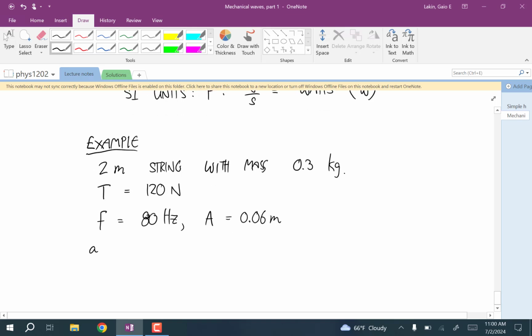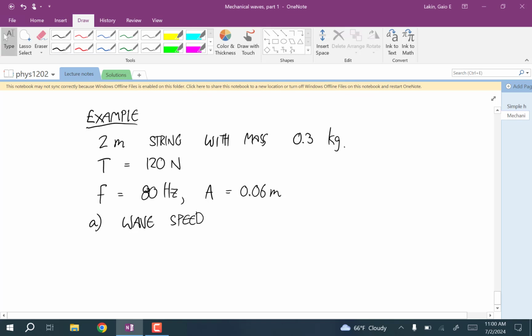And we want to calculate the wave speed. We want to come up with the wave function. And then last, we want to calculate the power of this wave.